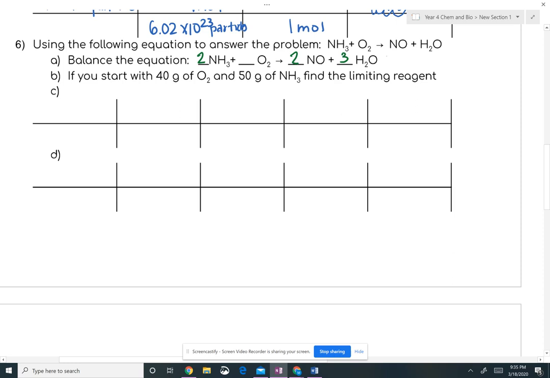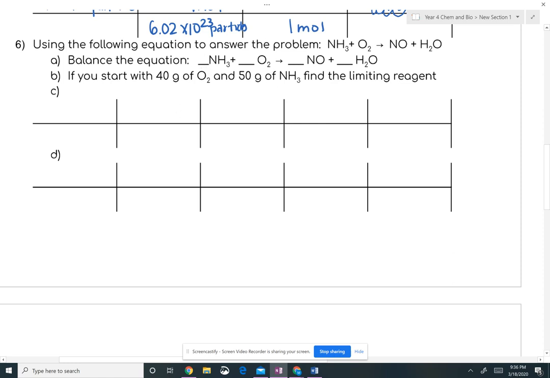So I have 2, 3, so I should have 5 oxygens here, right? And I have 2 oxygens there, and that's not going to go well. So we have to get this up a little bit higher. 2 times 3 is 6, okay.